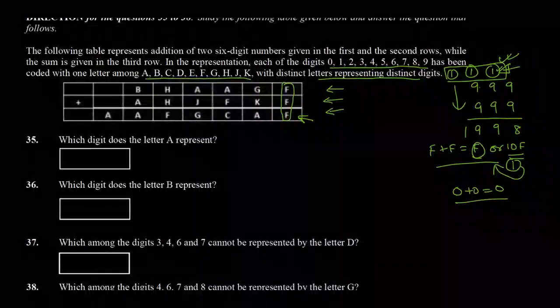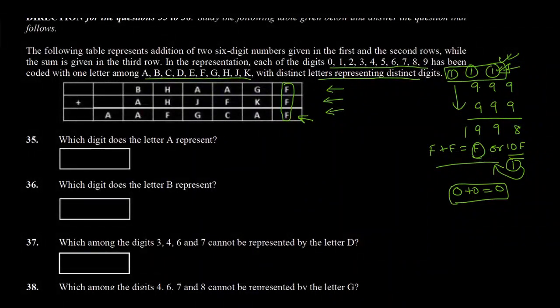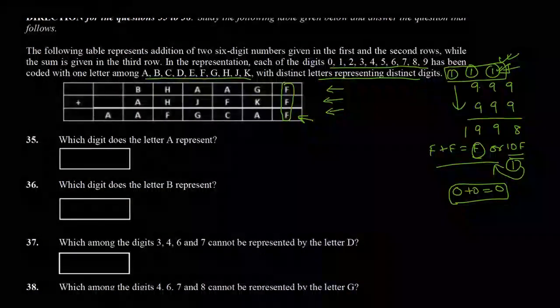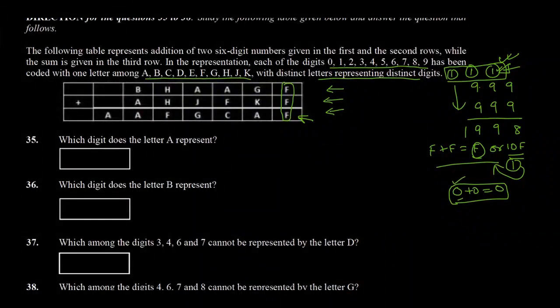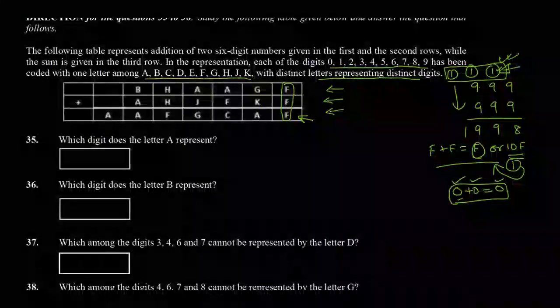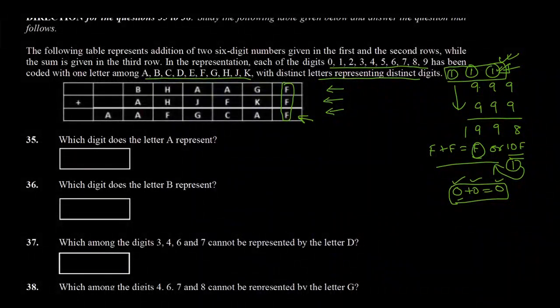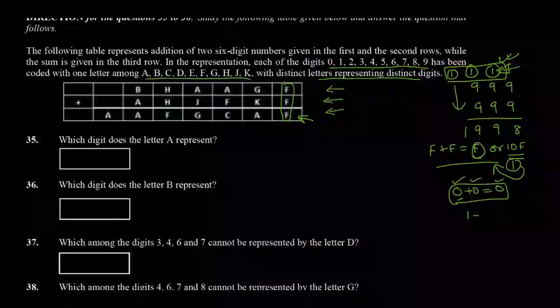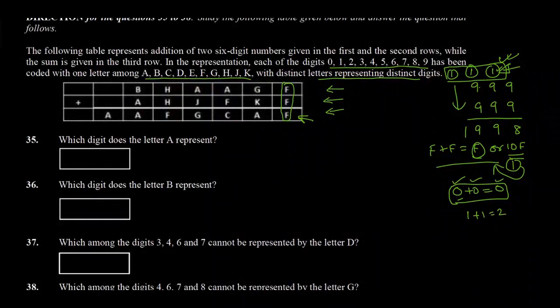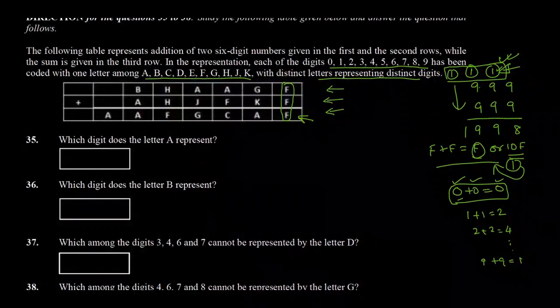This is the only possibility where we have a summation of two same numbers giving the same number. There is no other way this can happen. 1 plus 1 is equal to 2, 2 plus 2 is equal to 4, and so on. 9 plus 9 is equal to 18.